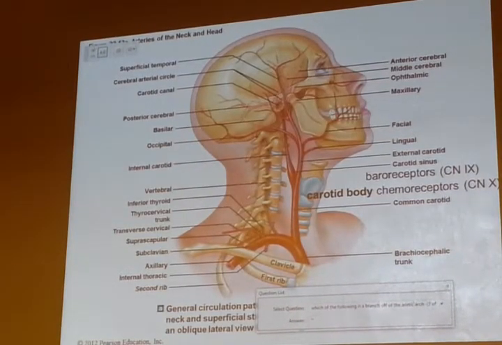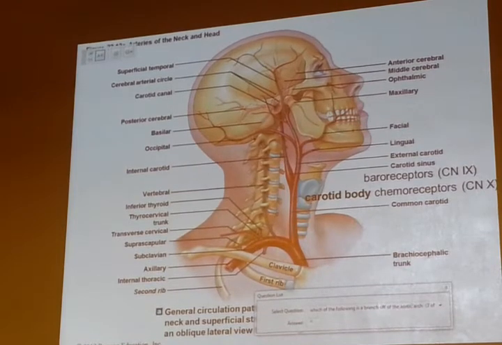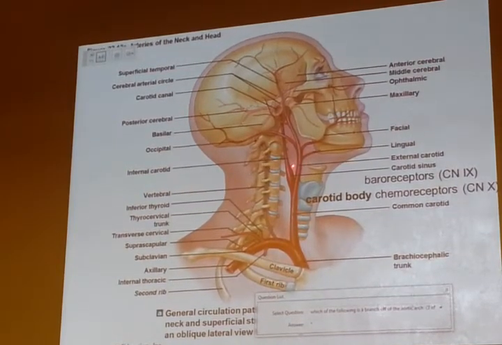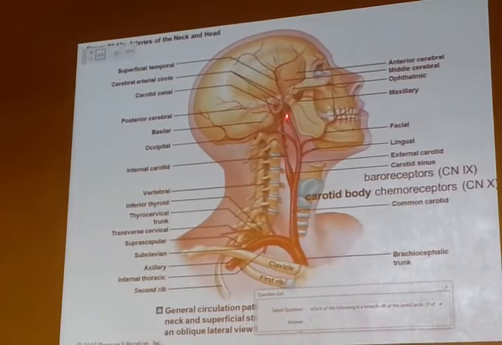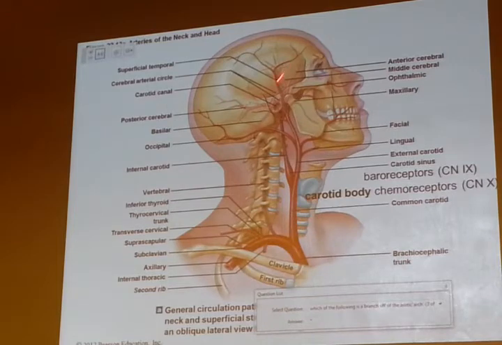So our common carotid, we're seeing it on the right. This area where it splits, that's called a bifurcation. So bi meaning two routes from that point on. The internal carotid, if you follow that, it's going inside the skull and then it becomes shadowy.